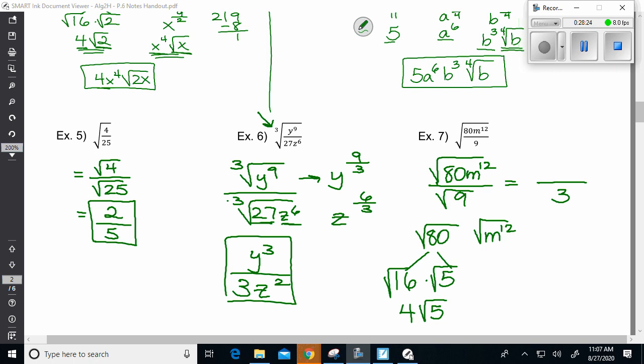Now let's take care of the variable. Since there's a variable, you have to remember that a square root has the understood 2. So 12 divided by 2 is m up to the 6.